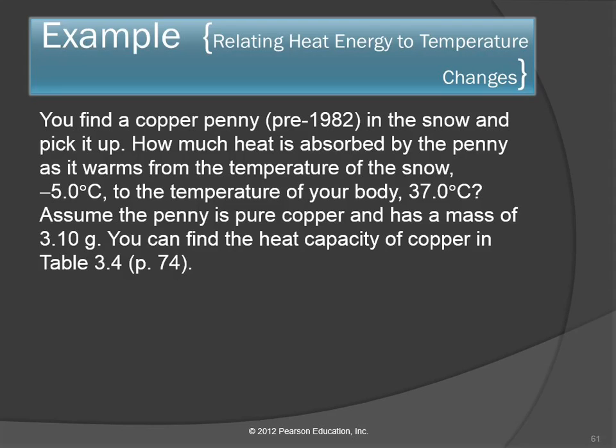So with a problem like this, it's really helpful to pull the numbers out and write down what they are. So we looked up the specific heat capacity for copper. And that was joules over grams times degrees Celsius. And then here's another number, 3.10 grams.